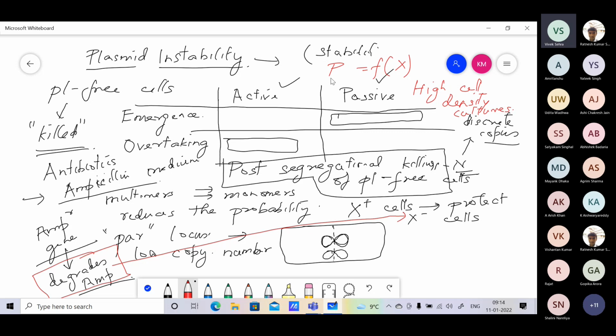Because you want to make a lot of product per unit volume, you are forced to go for high cell density cultures, and therefore, by definition, high cell density culture is the situation which allows the emergence of X minus cells. Now, obviously, ampicillin is not a very good choice because it leaches out into the medium. Though there are other antibiotics.